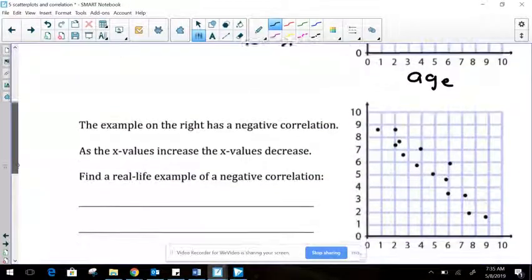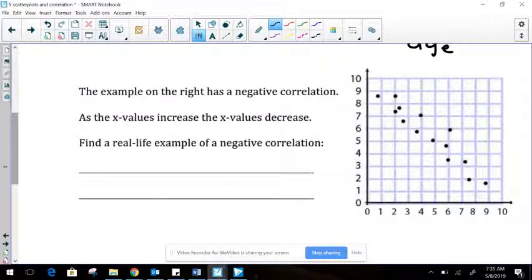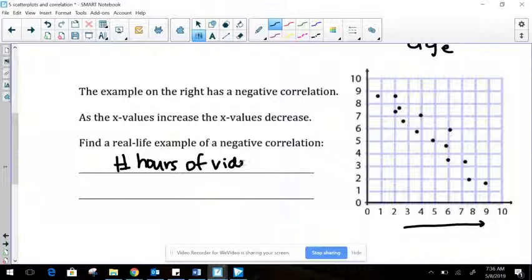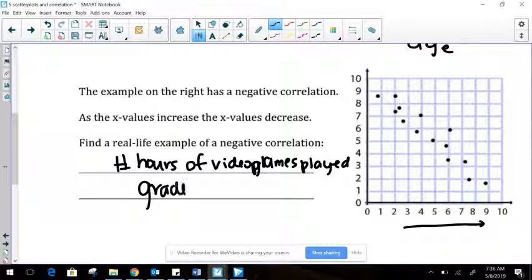All right, then next one here, we have a negative correlation scatter plot. We have to think of an example for this one. How about let's say, as the number of hours of video games played increase, your grades decrease.